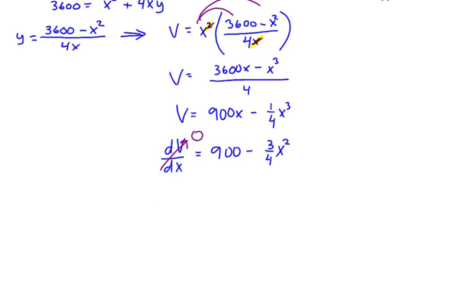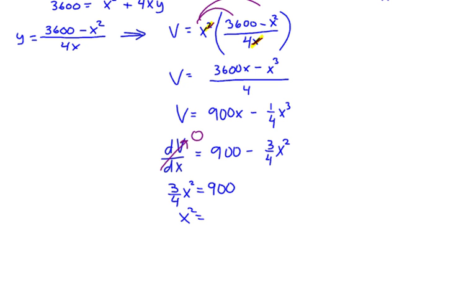So can we solve for x? Sure can. So I just brought the 3/4 x squared to the other side. So 900 times 4/3. That would be 1200.